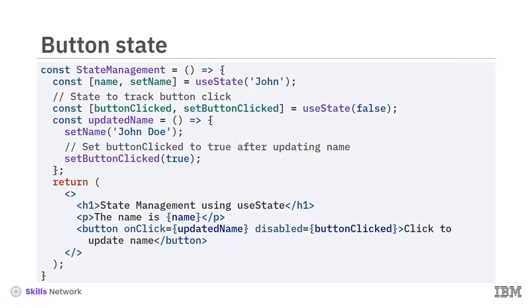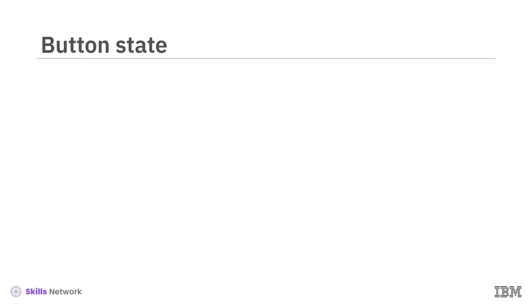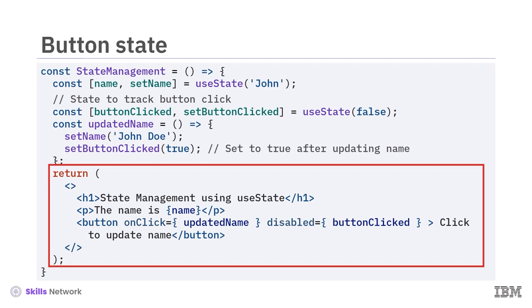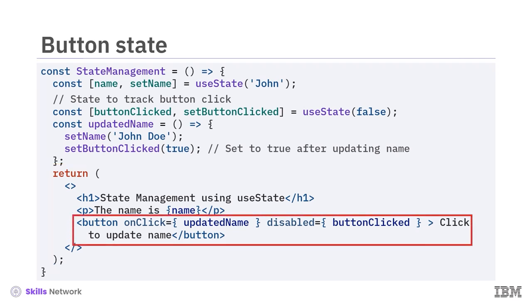Next, we take a closer look at the purpose of setState. Say you initialize the name value to John, as in the previous example, and now you want to update the user's name from John to John Doe when the user selects a button. In this code, we named the function setName. You should use the setState function for this. This code adds a button element to the JSX returned by the component. This button has an onClick event handler attached to it.